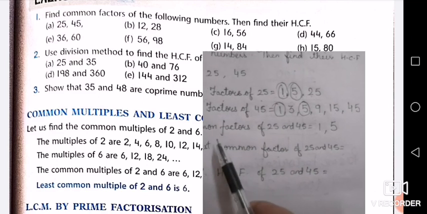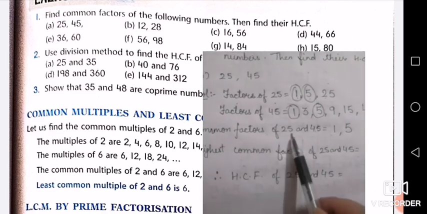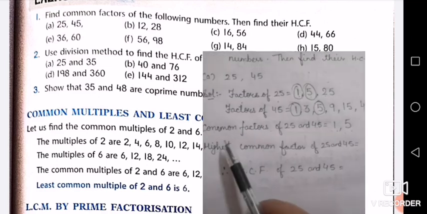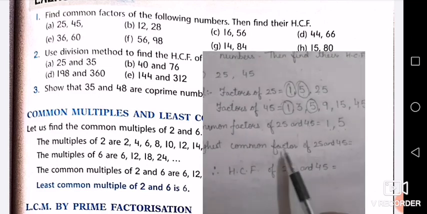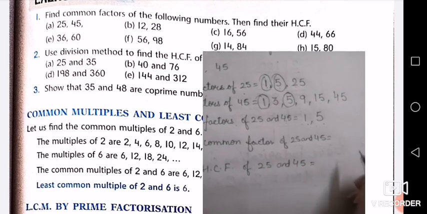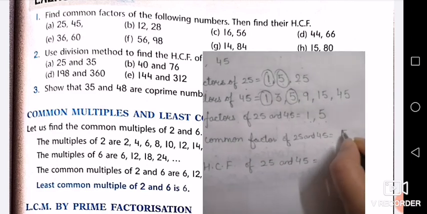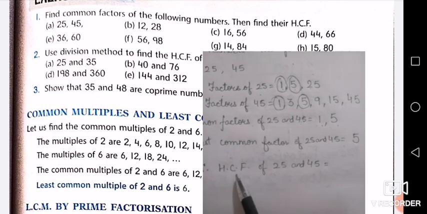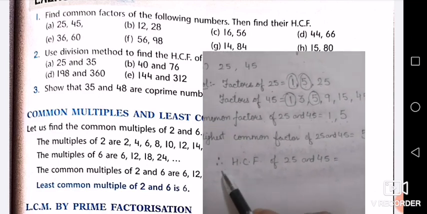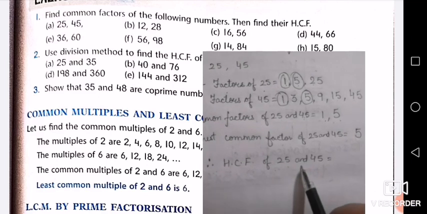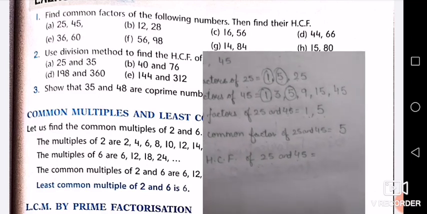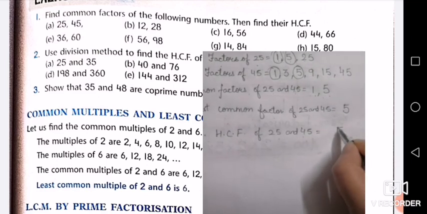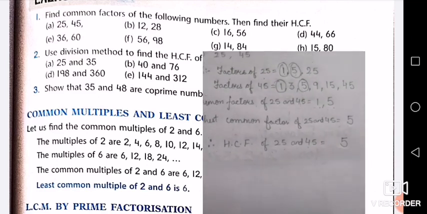So out of the common factors of 25 and 45, which are 1 and 5, which is the highest common factor of 25 and 45? Yes, that is 5. Therefore, HCF of 25 and 45 is, yes, correct, 5.